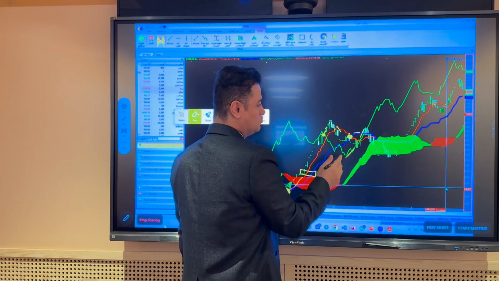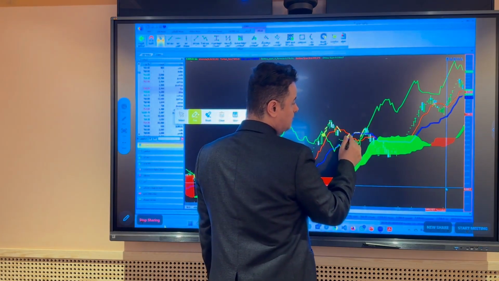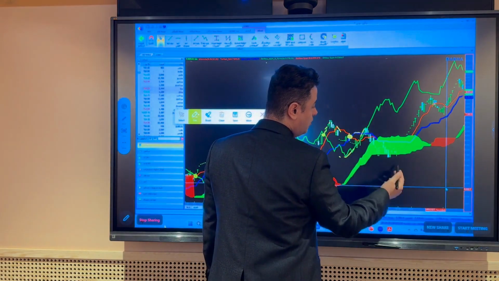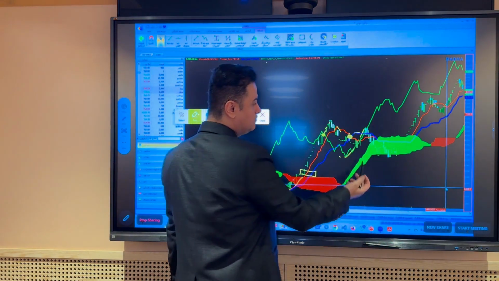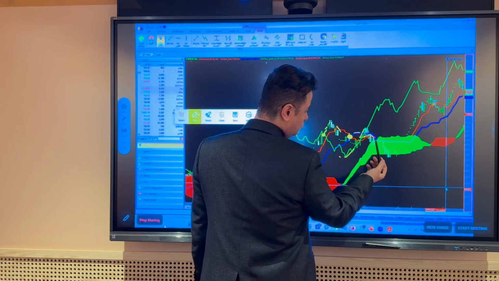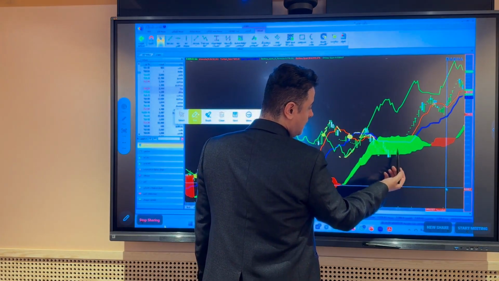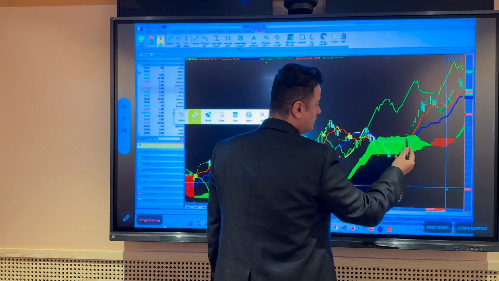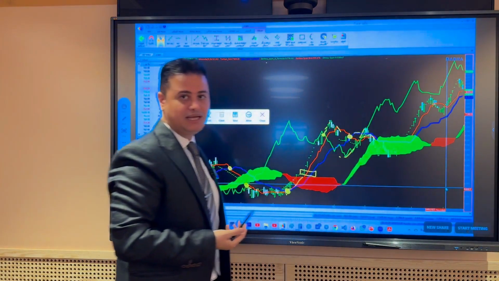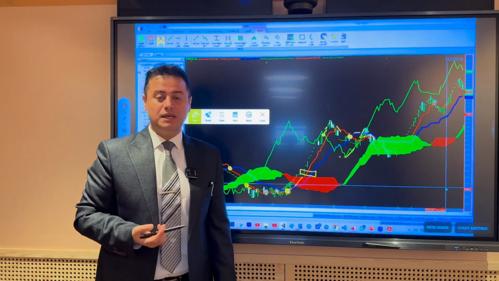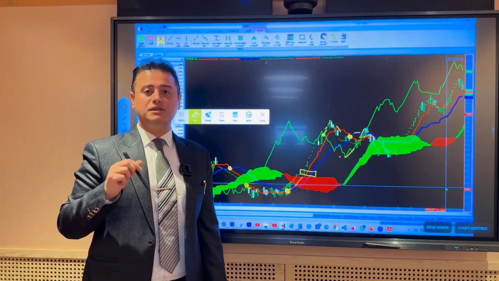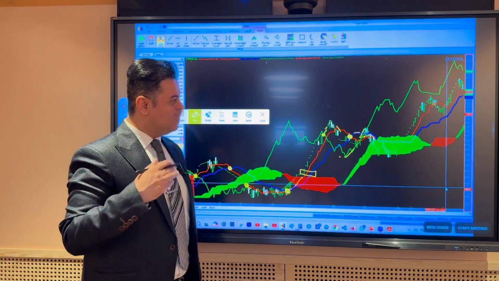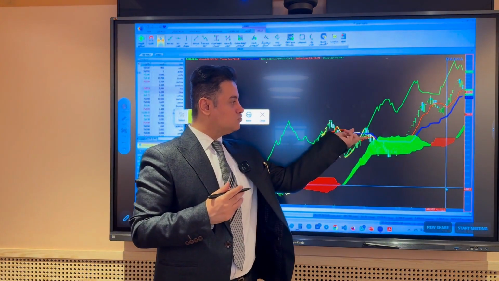This is a signal for a decline, but I can only say it's a decline when both of these lines are completely positioned below the Ichimoku Cloud. Look, here the chart has entered the cloud and hasn't gone below it yet, so I can't consider it an exit signal. I wait, and then you see the stock's price chart has started to rise again, so I can only consider a trend as a strong downward trend when the Kijun line is above the Tenkan and they're both under the Ichimoku Cloud.